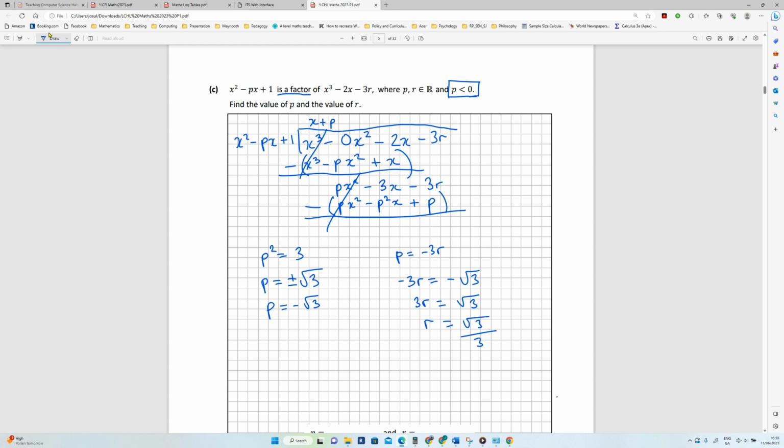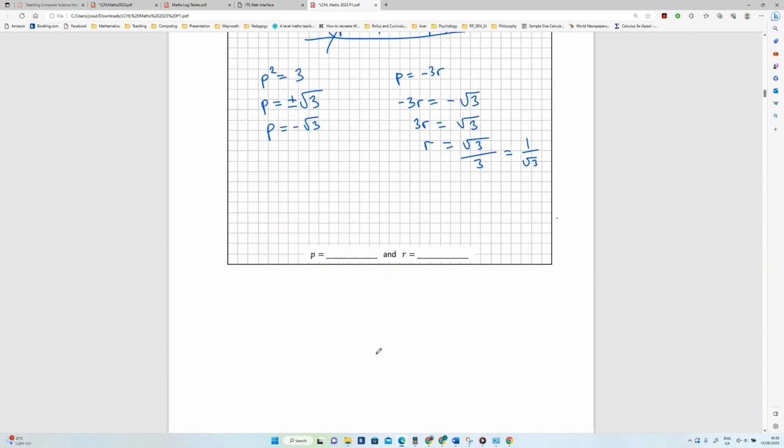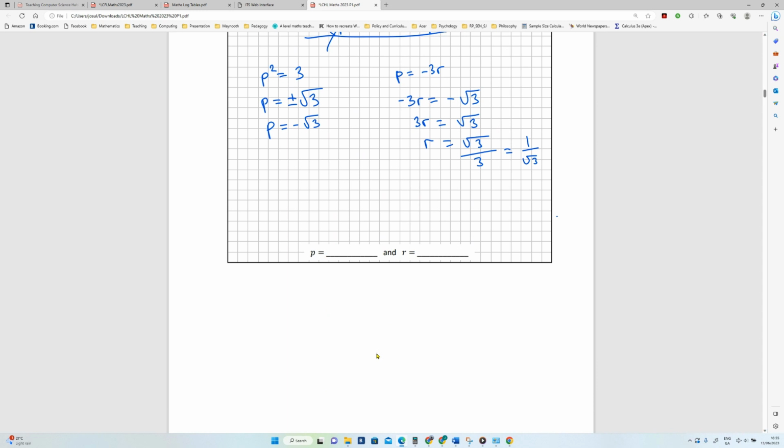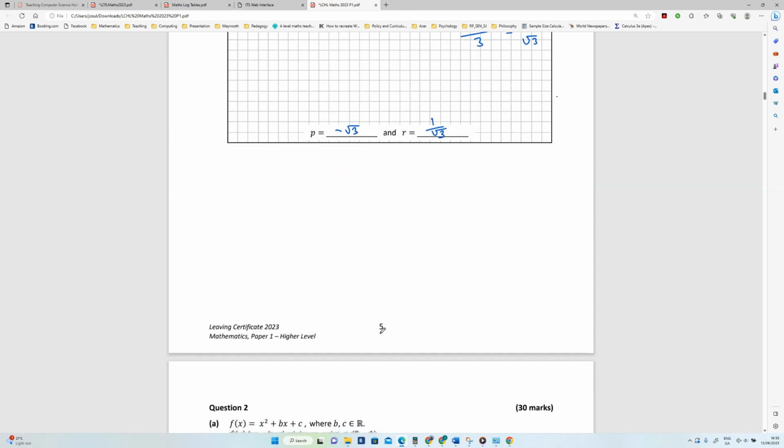So 3 is the same thing as saying root 3 squared. So I could leave it like that, or I could bring it to 1 over root 3. Either one would work. So my two answers then are minus root 3 and 1 over root 3. And that's it for question 1.